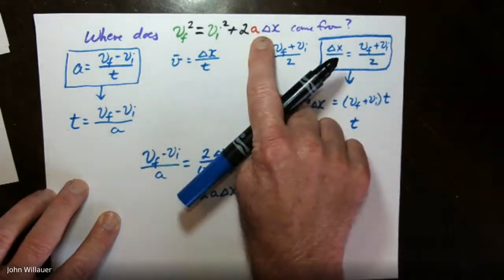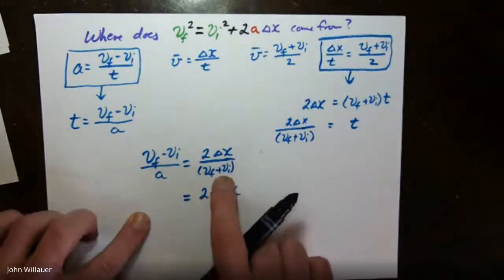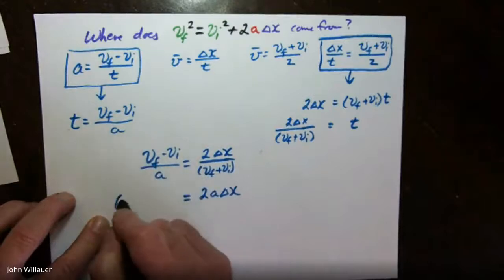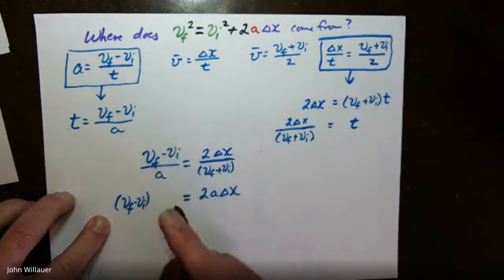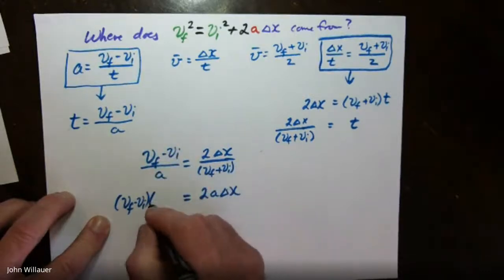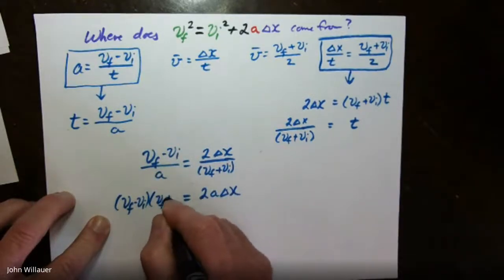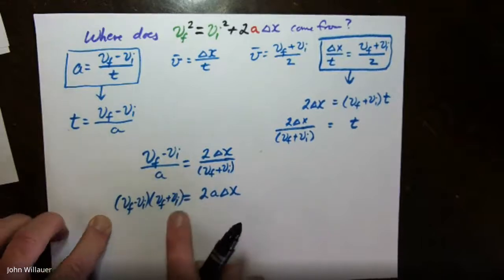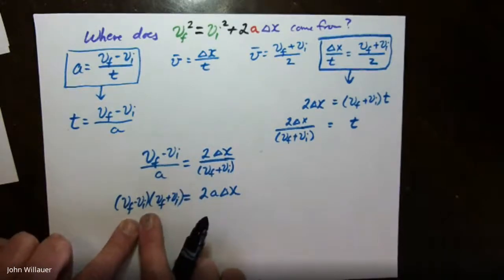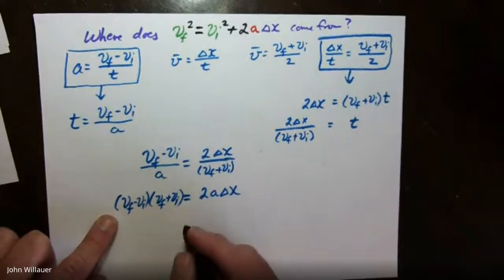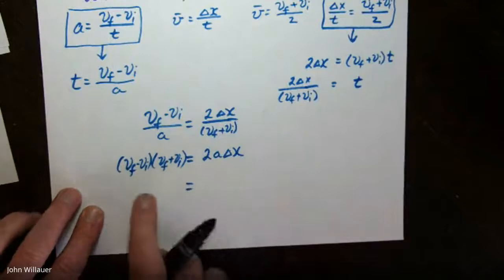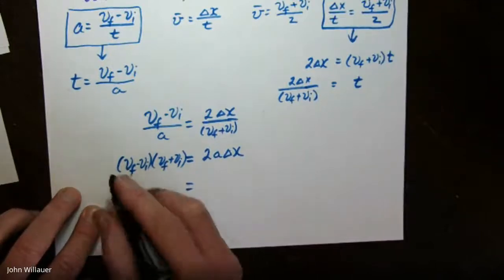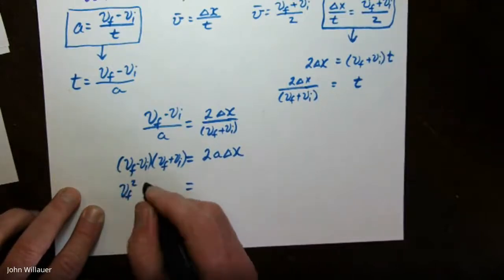It's starting to look like our answer here, isn't it? And I'm going to multiply over here, VF minus VI. That's what's already there, but I'm going to multiply it by this quantity, VF plus VI. Okay? So now we're going to factor this out and see what we get. And so here, you might remember this from your math classes. VF times VF, well, that's VF squared.